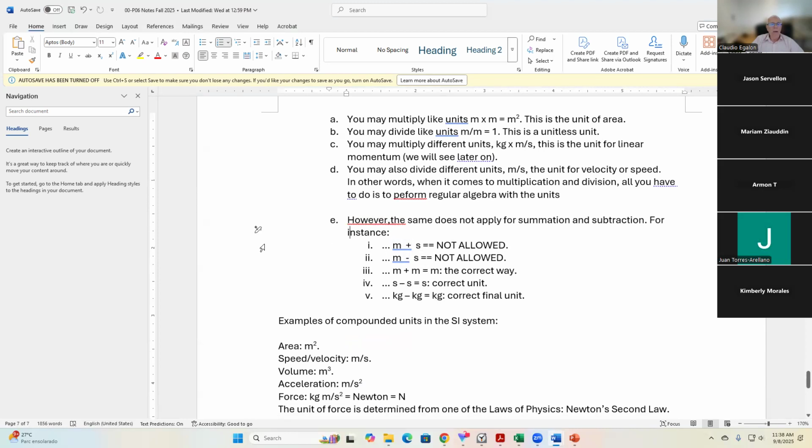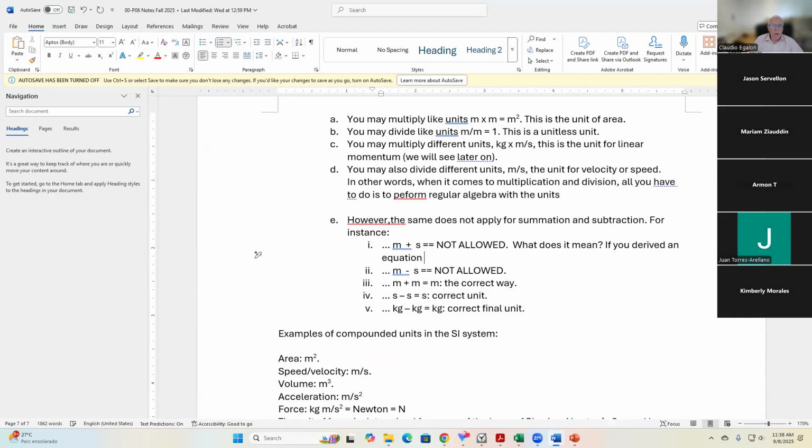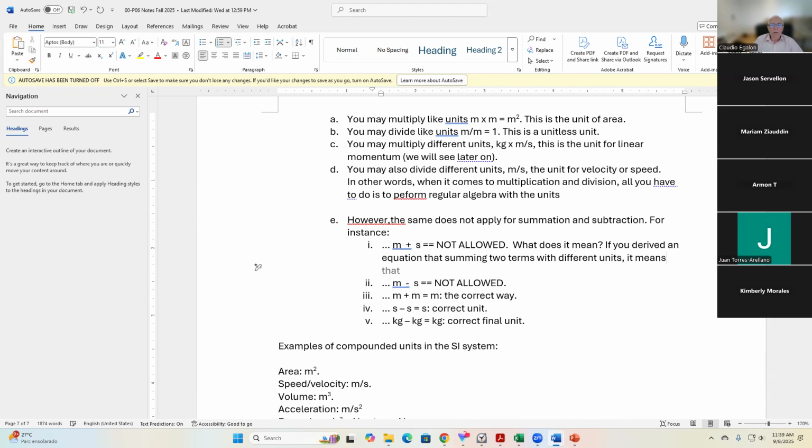What does it mean? Well, it means that if you derived an equation that's summing two terms with different units, it means that you made a mistake in your derivation.